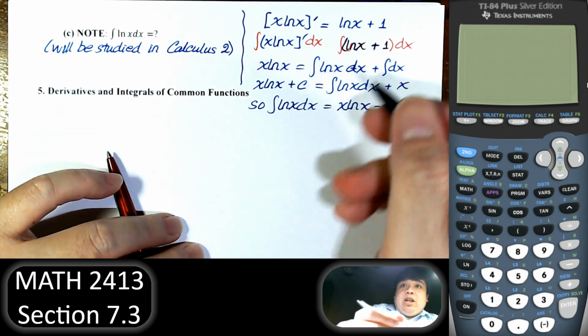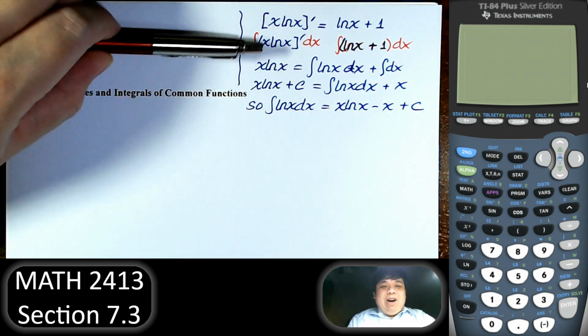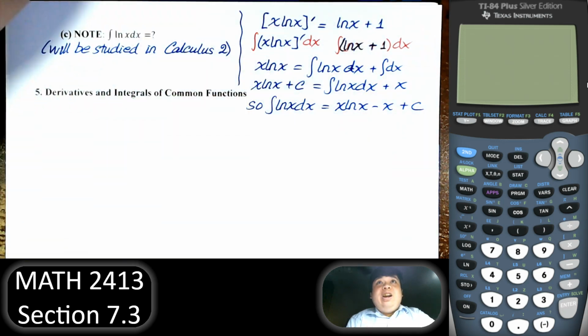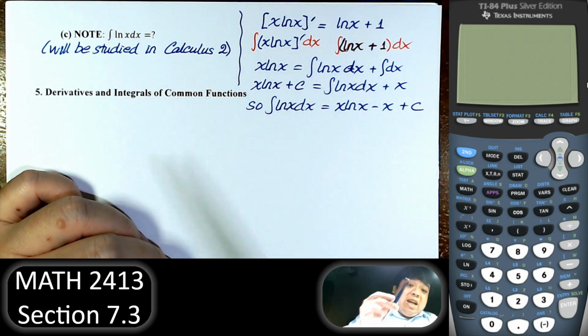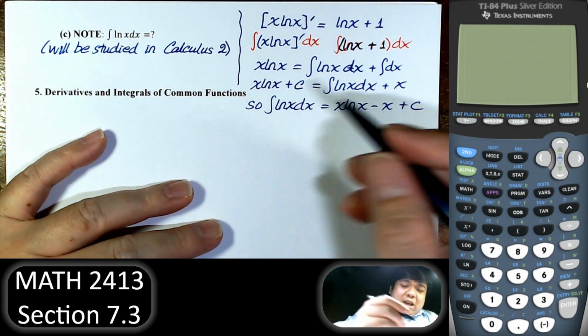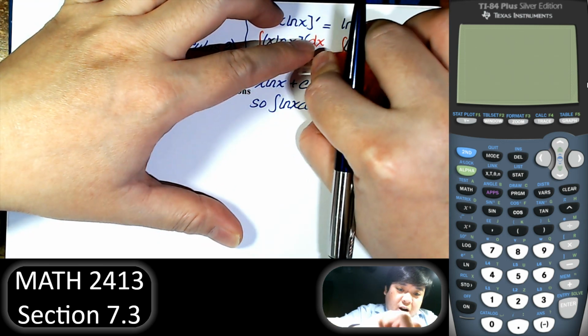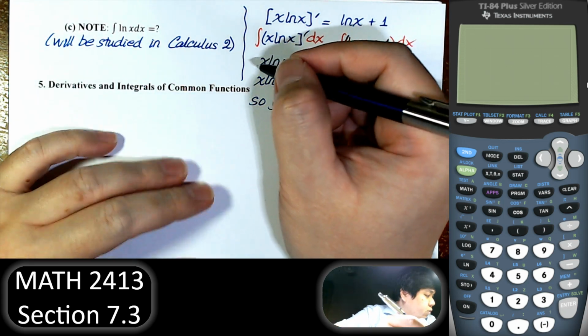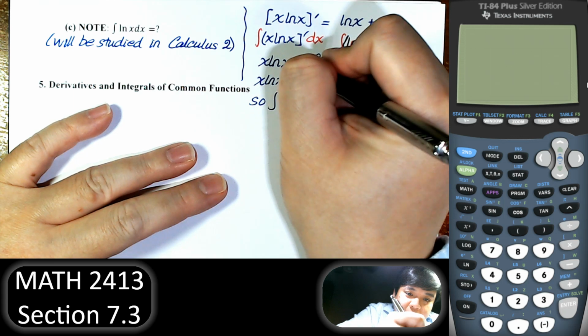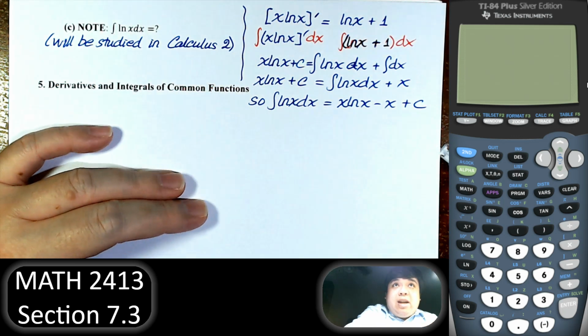So we lucked our way into it because we found the derivative would turn out to be something nice like this, and we integrate both sides, and integral and derivative cancel out. Not really cancel out, but when they cancel out, we still have a constant c there. Yeah, but that is one way to do it.